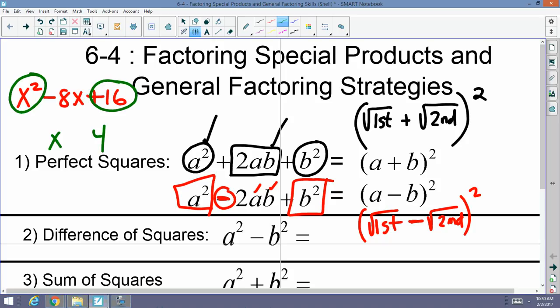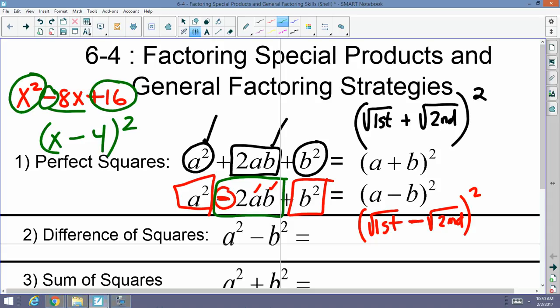Now, if this is a perfect square, doesn't the middle term have to be 2 times the square root of the first times the square root of the second? Well, what's 2 times x times 4, guys? Does it work? So boom, bam, bing, done. That's how you do it properly.